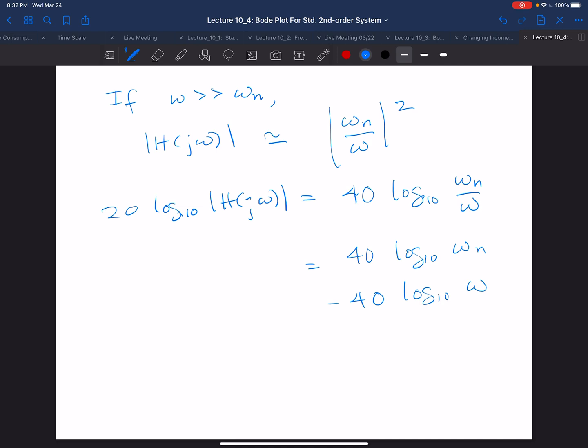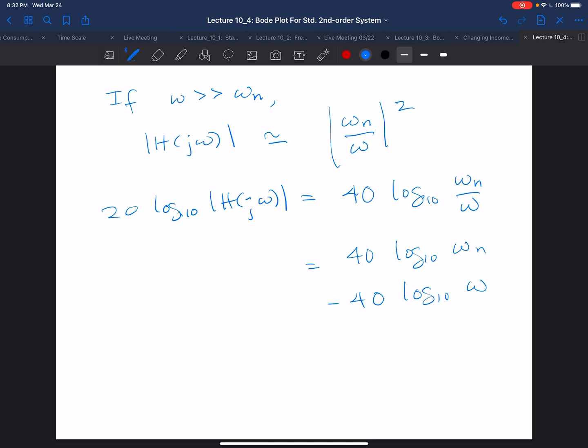So here again we see the value of plotting things versus log omega, because this is going to give us a straight line on a log omega plot. In this case we'll have a straight line with a slope of minus 40 decibels per decade, unlike the minus 20 that we had in the case where we had only a single pole. And that's a general rule.